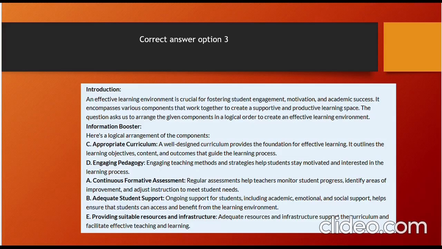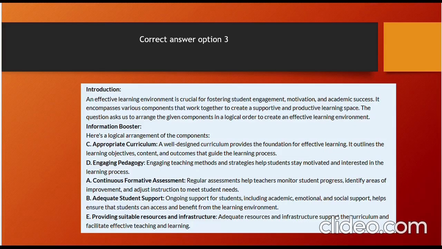Next is D, engaging pedagogy. Engaging teaching methods and strategies help students to stay motivated and interested in the learning process. Next is A, that is continuous formative assessment. Regular assessments help teachers monitor student progress, identify areas for improvement, and adjust instruction to meet the students' needs.